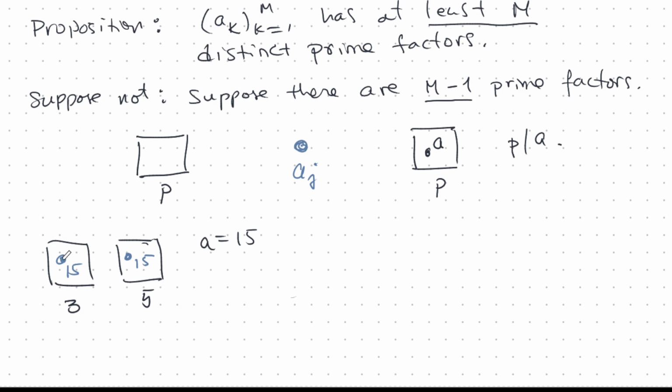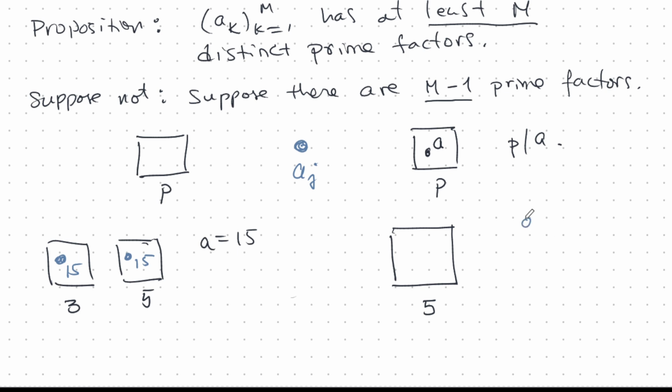So it's possible to have the same dot in two different boxes. So this situation is a little bit different from the usual pigeonhole principle, because I can actually have a quantum pigeon which can be in two boxes at the same time. So quantum pigeon is possible.